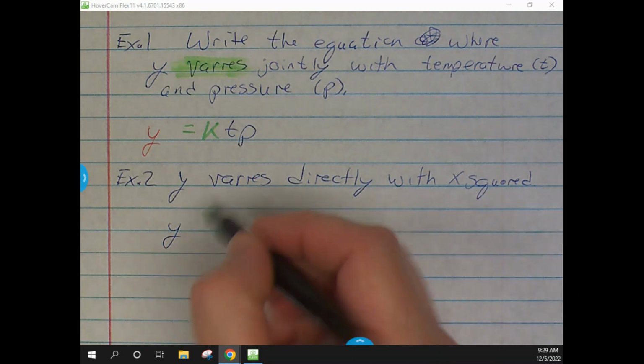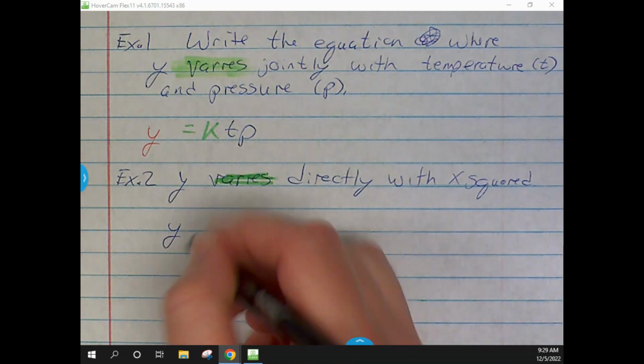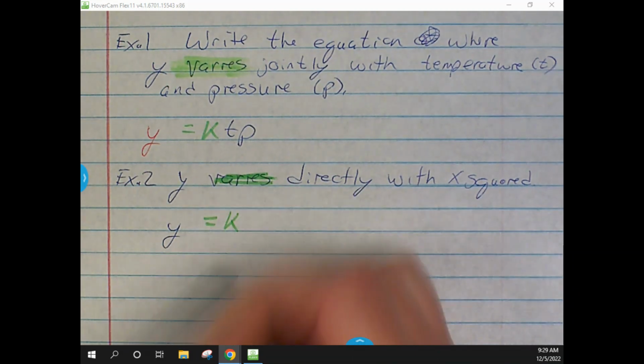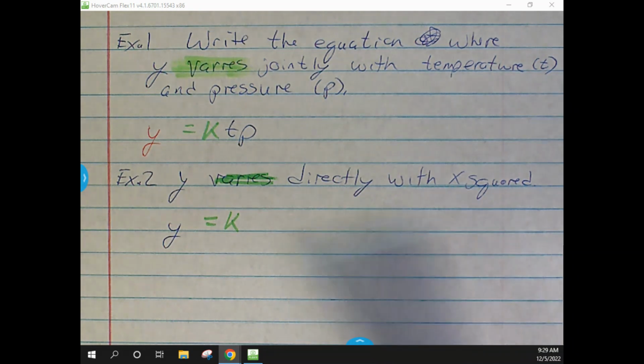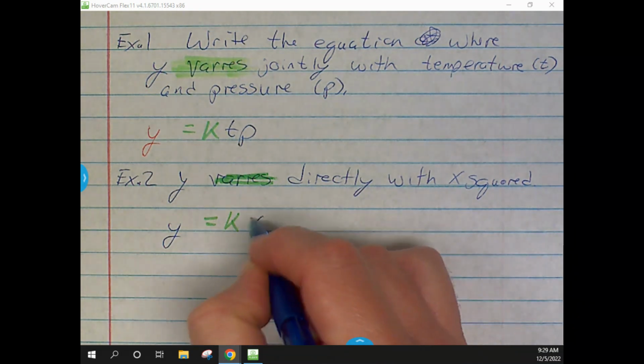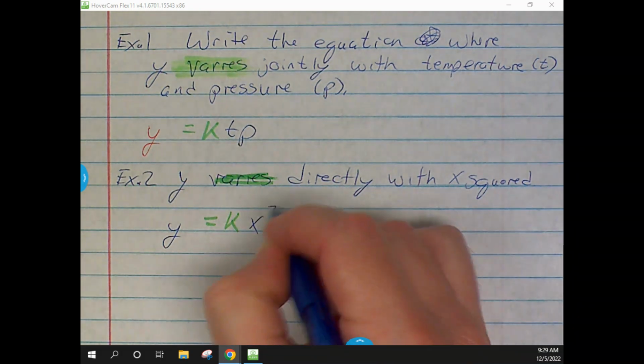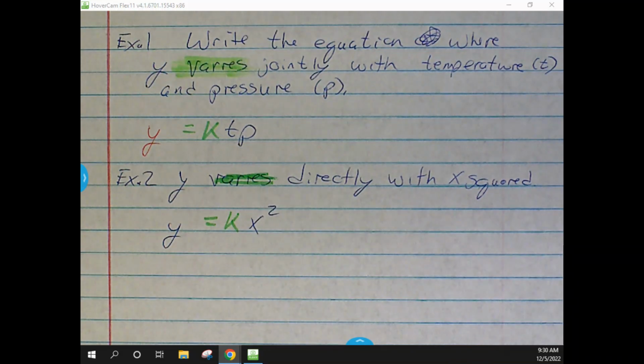Again, every time you see the word varies, that's your equals K. And then after that, the direct tells you where to go. If it's direct, you put it directly beside the K value. It's x squared. So in that case, it's just y equals kx squared.